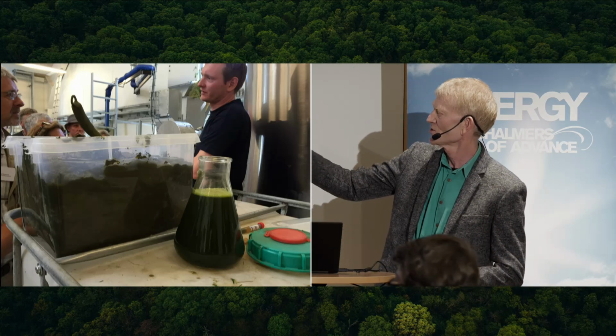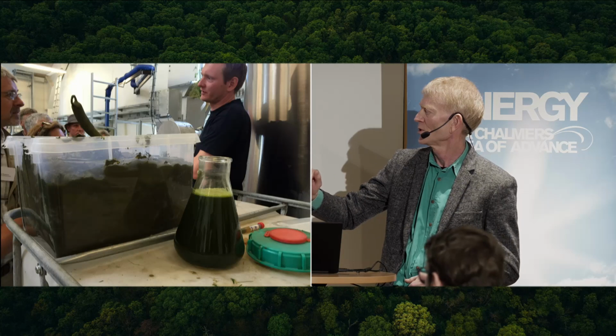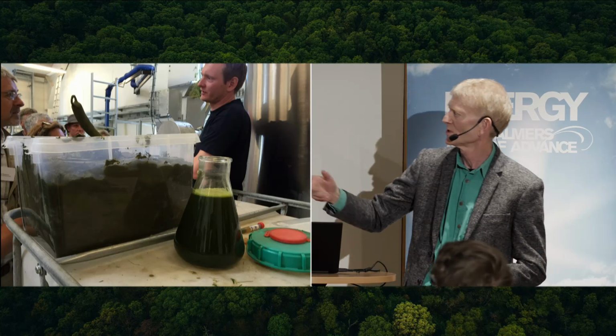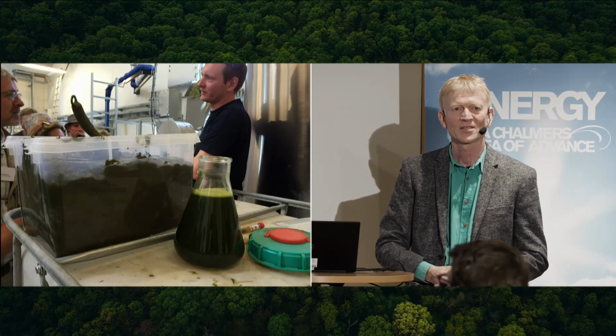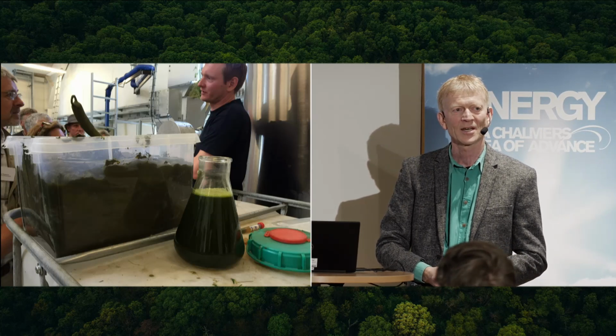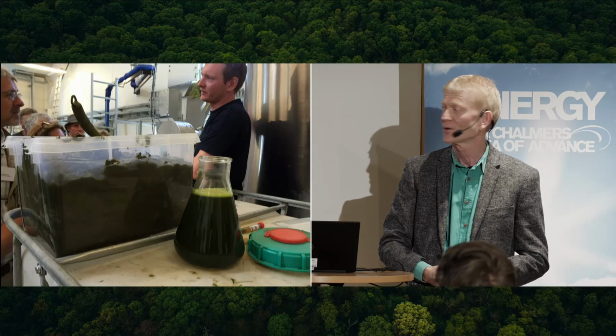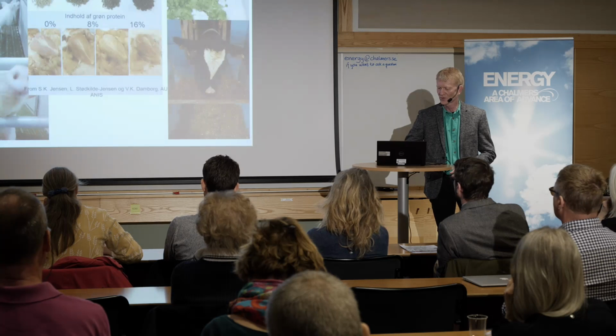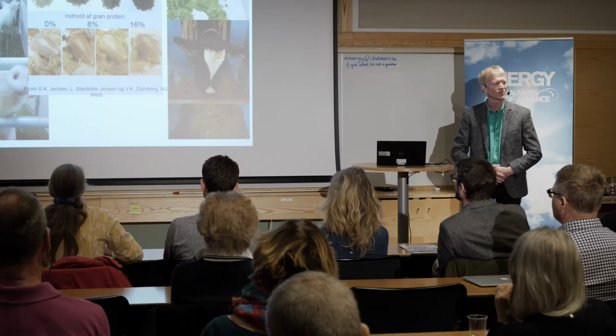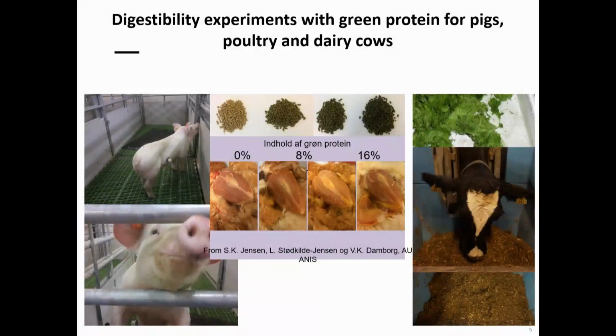And it's the grass juice there with dissolved protein, and then behind that there's a sticky paste with a high content of protein, and that we can feed directly to animals, or we could dry it first and make it a marketable product.